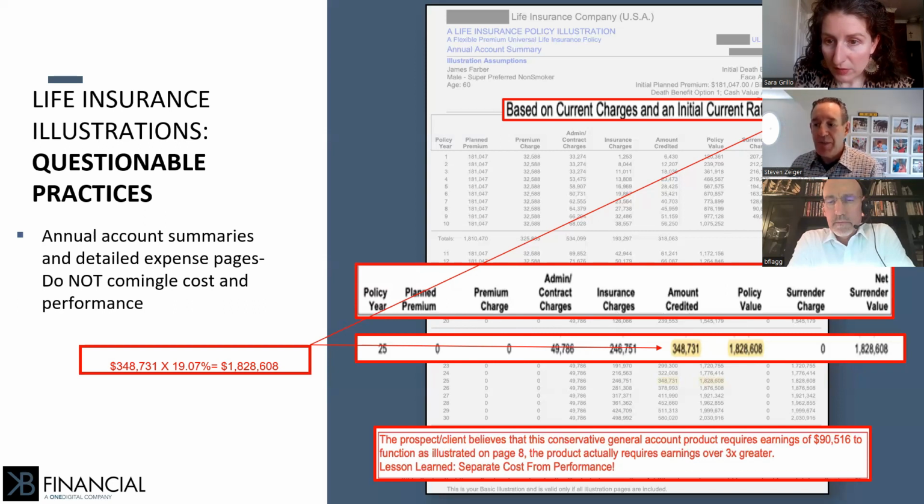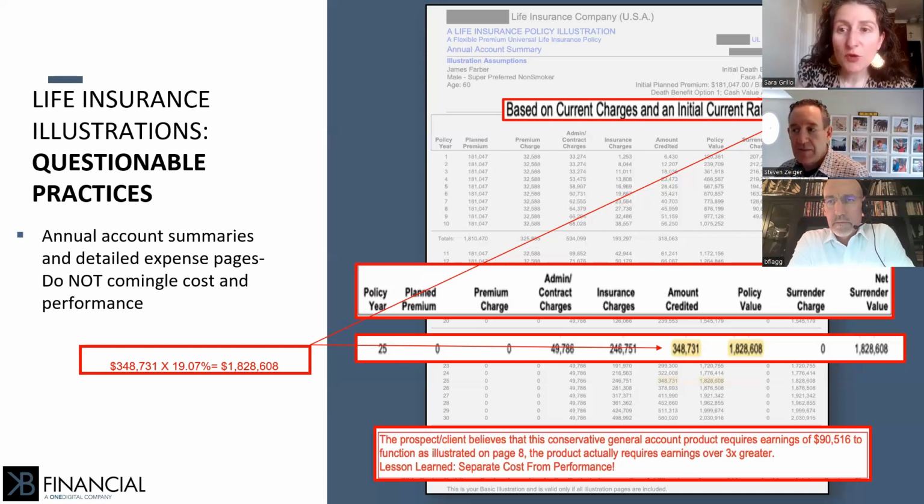Now, quick math. If you have $1.828 million in the bank in your Christmas or Hanukkah club, and the bank is going to credit you 5% on your money. 4.95%, sorry, Stephen, which was the crediting rate that we described earlier.